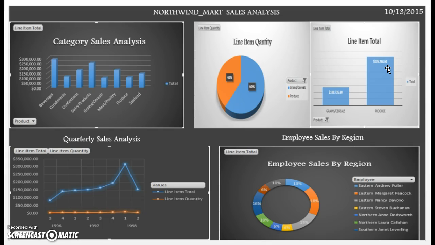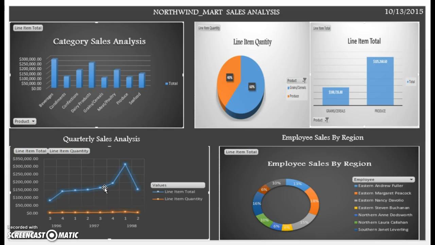Now, the second question is, which quarter do you believe is likely to be the strongest quarter in 1998? This graph of the line item total of all the years and their quarters shows that the blue line represents the line item total over the years.